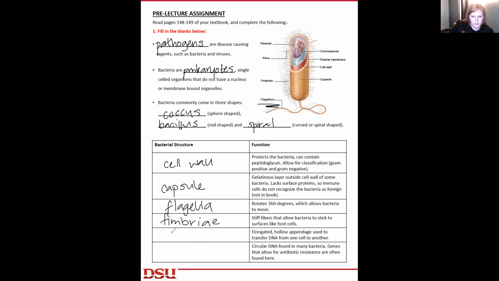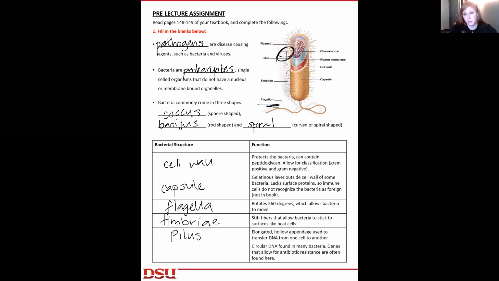We have the pilus. Elongated hollow appendage used to transfer DNA from one cell to another. So it's shown here. A pilus is essentially a reproductive structure, if you can really call it reproduction.